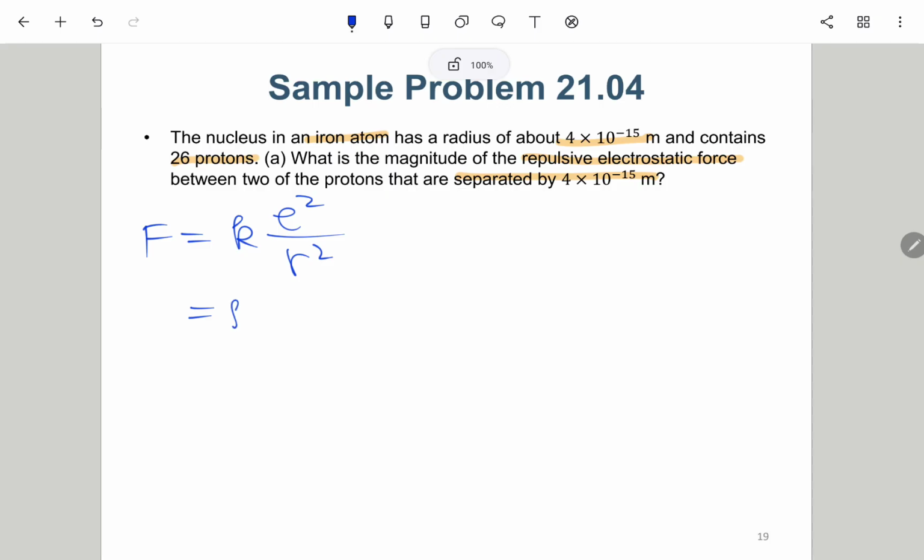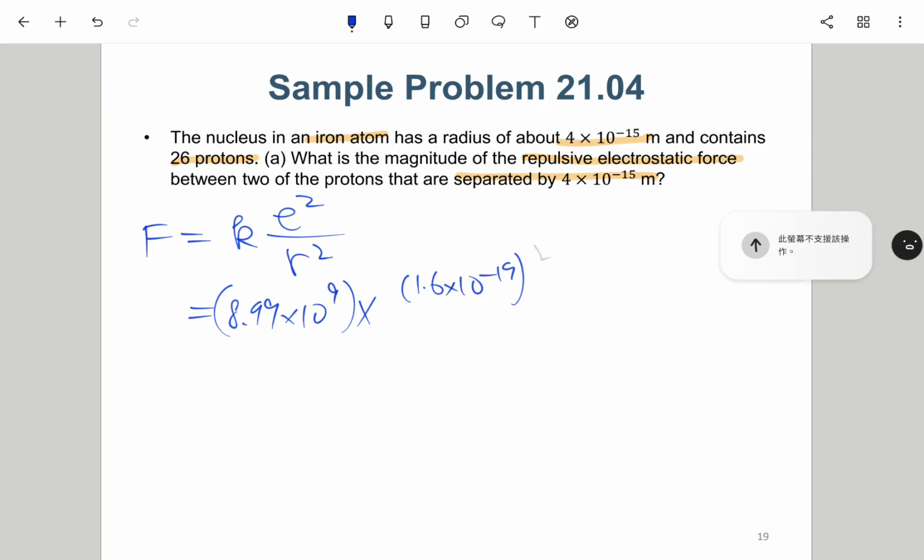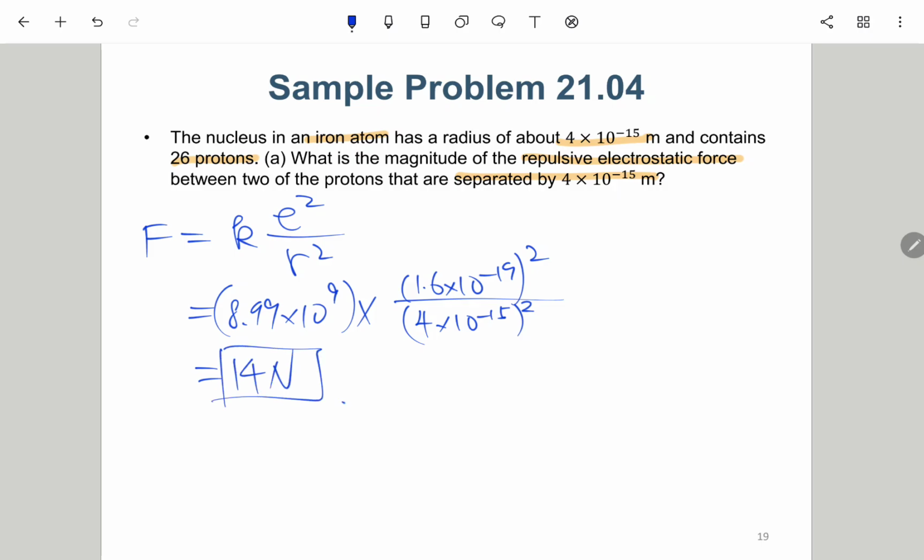We plug in the number: 8.99 times 10 to the 9th, times 1.6 times 10 to minus 19 square, over this distance, 4 times 10 to negative 15, also square. So this value is 14 Newton, quite a large value.